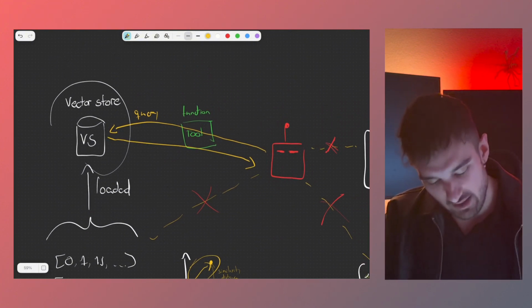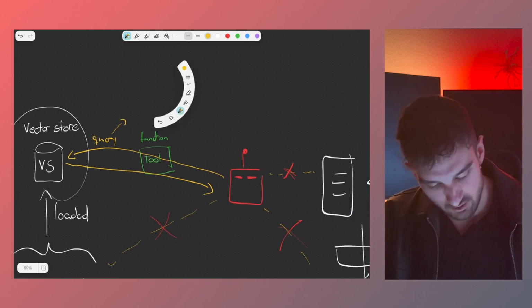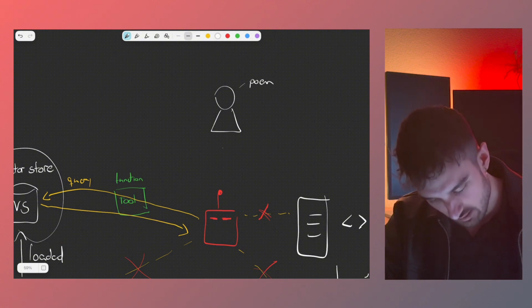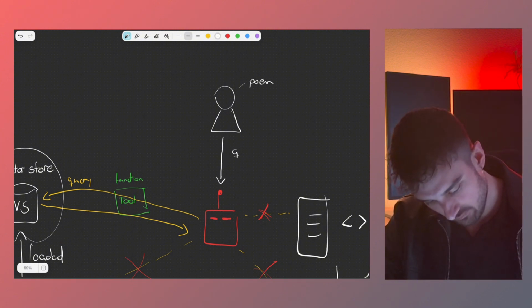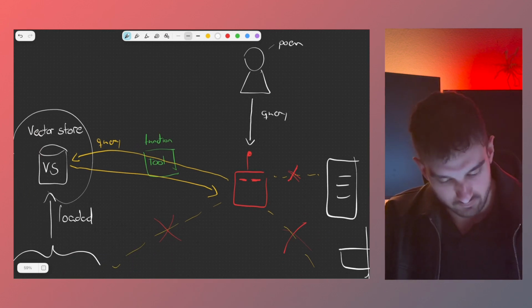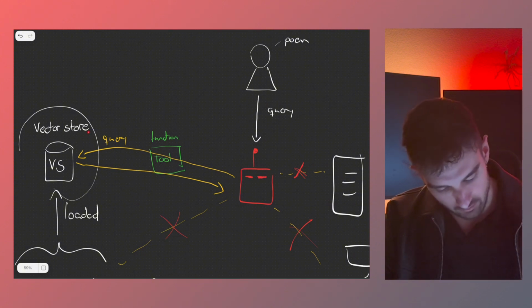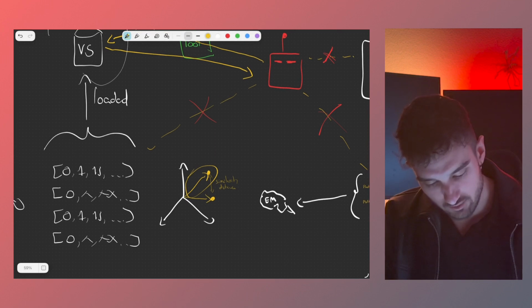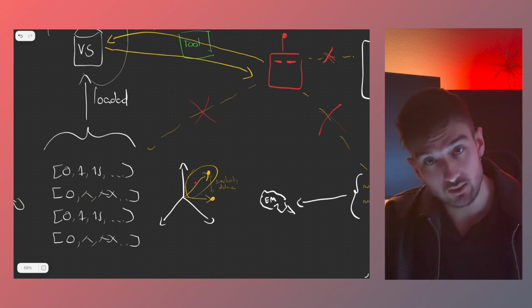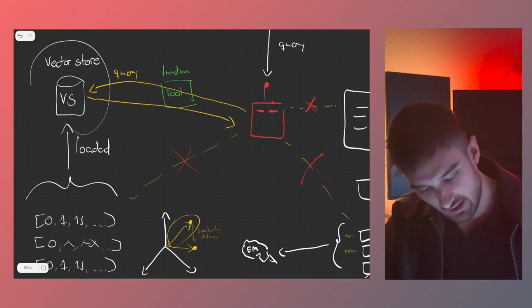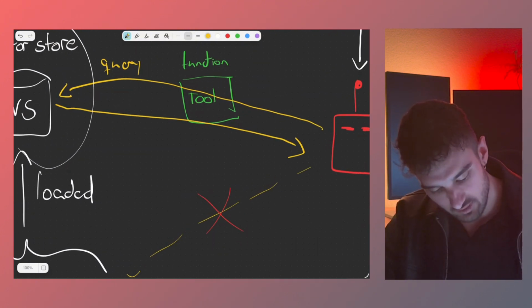Maybe, based on a user query, the user is asking, hey, give me a poem, right? This is a query. So the agent is going to take that and go to the vector store with the query, and the vector store is going to search for the most similar vector to that query and output it to the agent, and this is called retrieval.